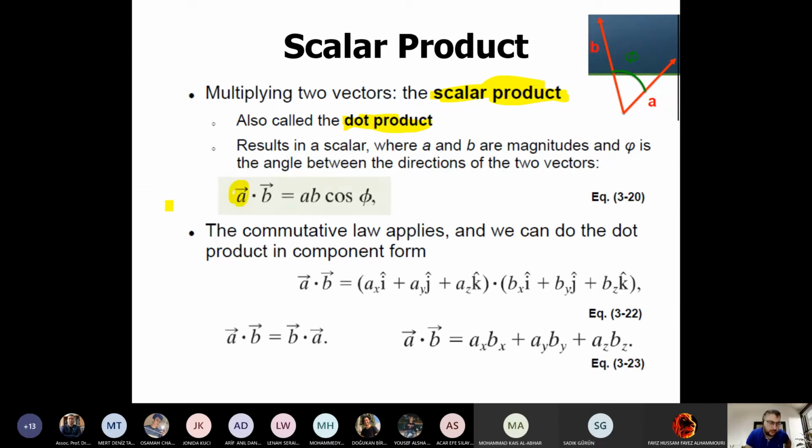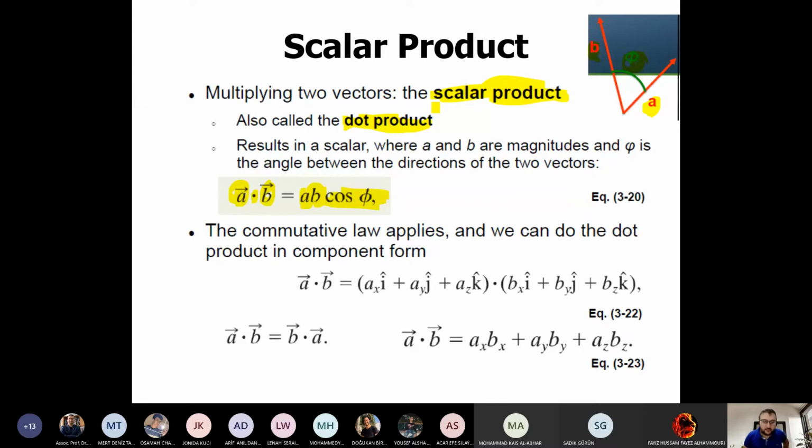Vector A dot product vector B is calculated by magnitude of A, magnitude of B times cosine phi. What is phi? Phi is the angle between the directions of the two vectors. If this is vector A and this is vector B, phi is the angle between them.